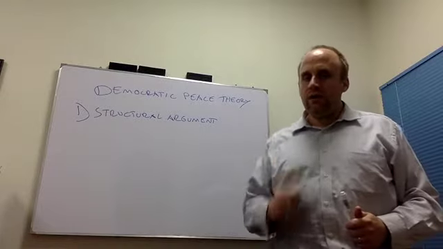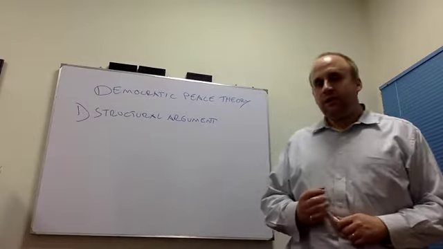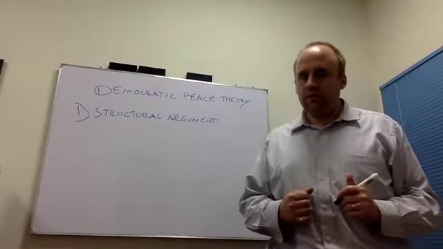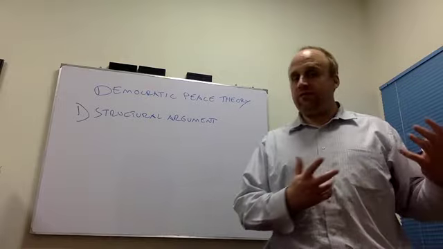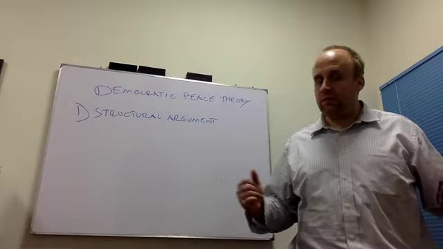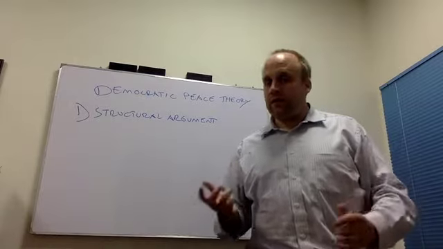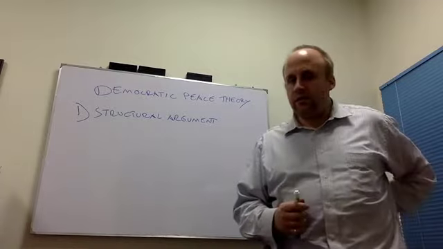So number one, democracy has elections, democratic elections. Leaders want to win elections, and they are fearful that if they start a war, engage in military adventures outside of their own boundaries, they will not get re-elected. So that's the democratic accountability argument.